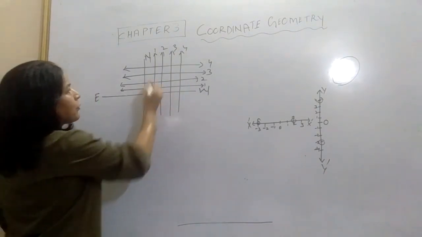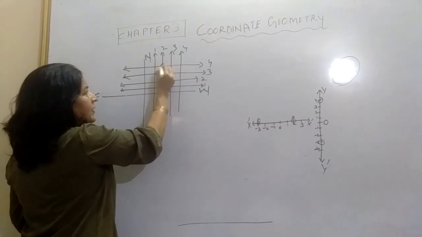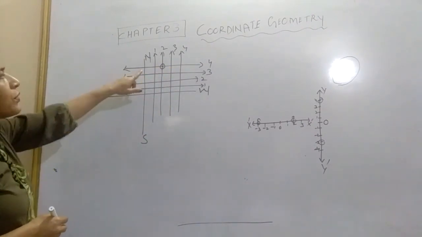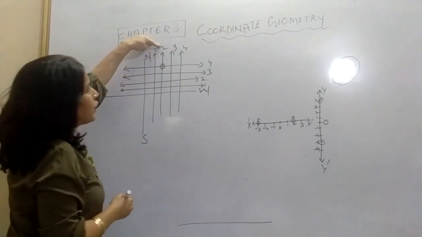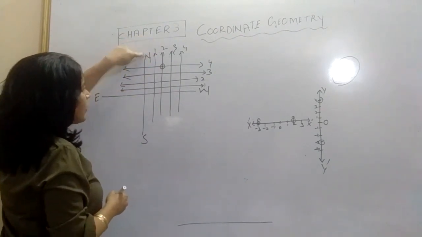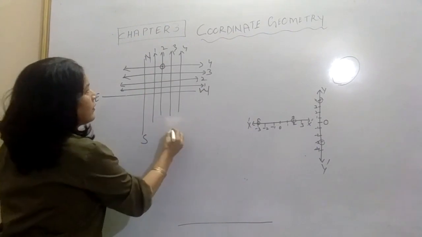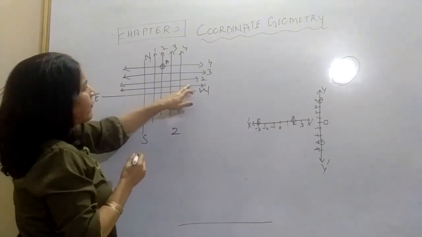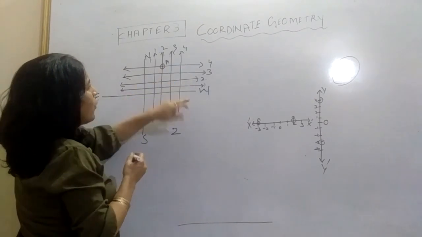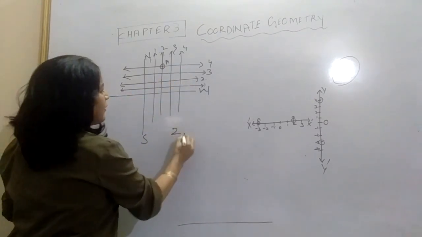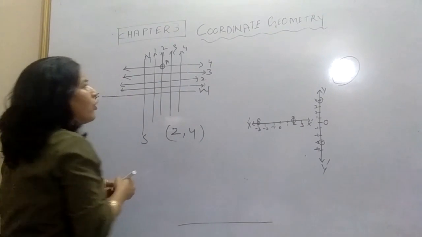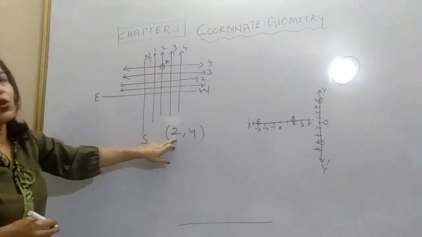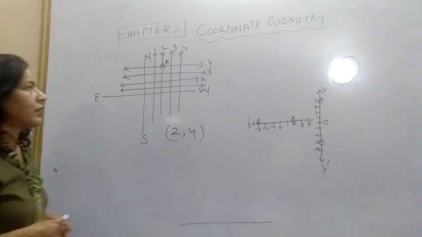If I have to locate the position of this cross street, it is street number 2 in the north-south direction and street number 4 in the east-west direction. So we can locate the street crossing A by the point (2, 4).